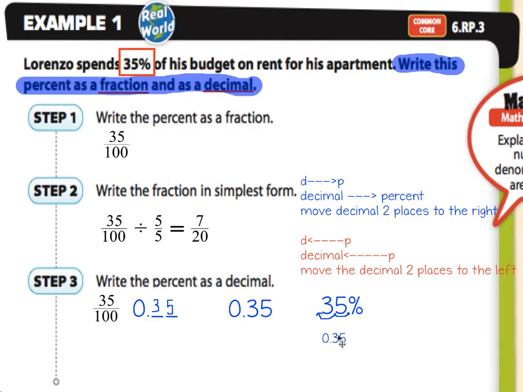Notice that decimal was behind the 5, and because it was a percent, I moved it to the left to turn it into a decimal, and it turned into 0 and 35 hundredths. To double check, I can see: does my fraction match my percent? 35 hundredths, 35 hundredths, they match.